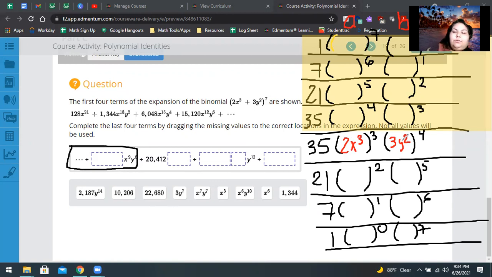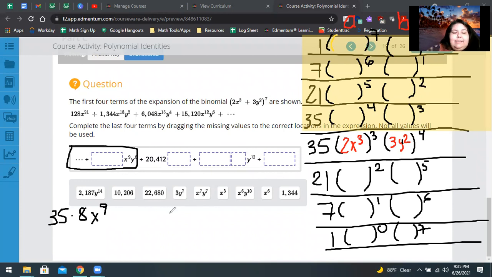So this is 35, 2 raised to the 3rd power is 8, and then this is x raised to the 9th power. They didn't leave you completely without anything. They gave you a portion of the answer already for part of the term. So all you have to do is simplify properly, and you should be able to find your missing number there.